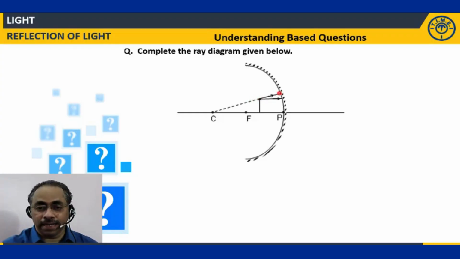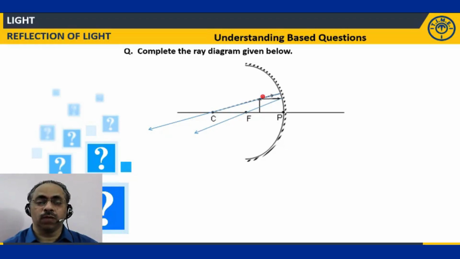So it will get retraced back because it is passing through the center of curvature. Let us draw these two lines. One is this one, where after reflection it is passing along the center of curvature. The second one is this.